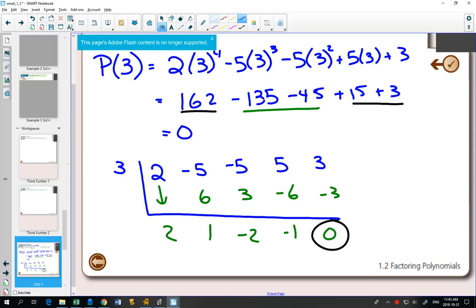That's a little bit more difficult multiplication than 3 times 2. In synthetic division, the biggest numbers you ever had to add were 5 plus -6. In the remainder theorem, you had to add 162 minus 135. The numbers for adding were bigger as well.